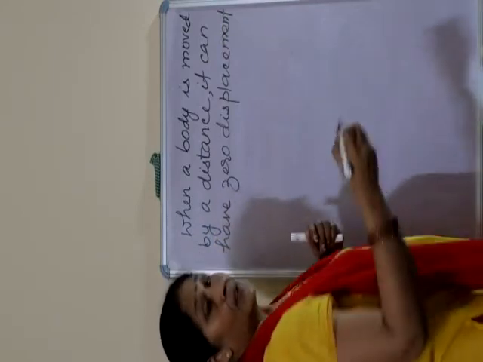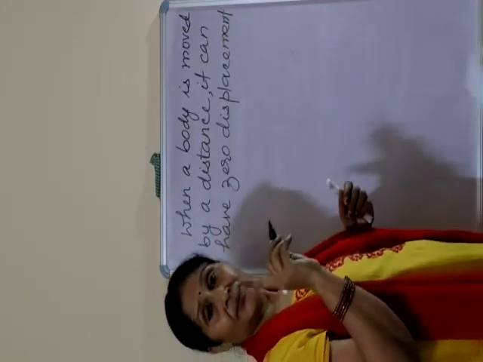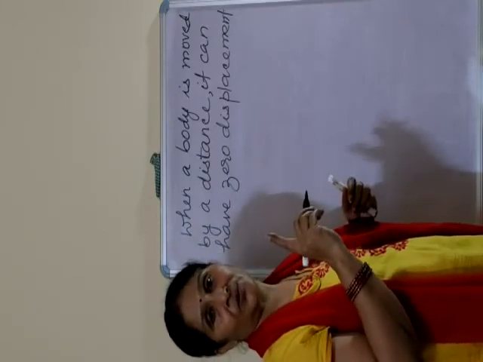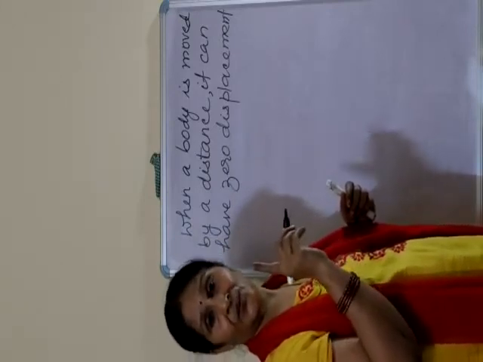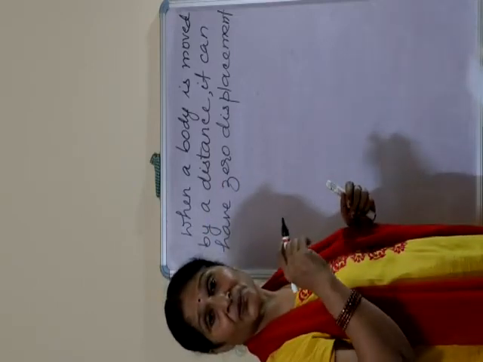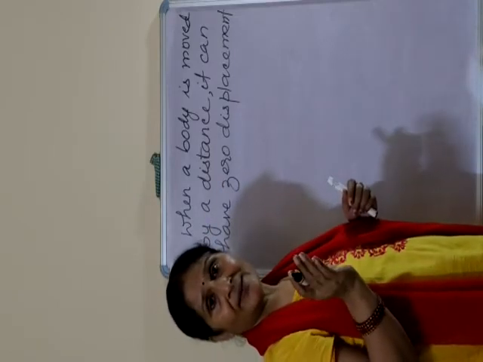This is the case of numericals first question A. In case of A, when a body completes one complete revolution, displacement is 0, whereas distance traveled is 2 pi r.